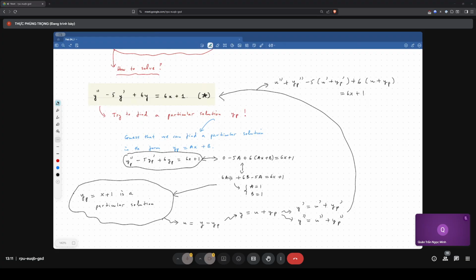So after I got yp, I just want to know what happens if I set u equals y minus yp. Then I put y double prime and y prime in our equation star. And what I get in the end right here, in u, you get this one.